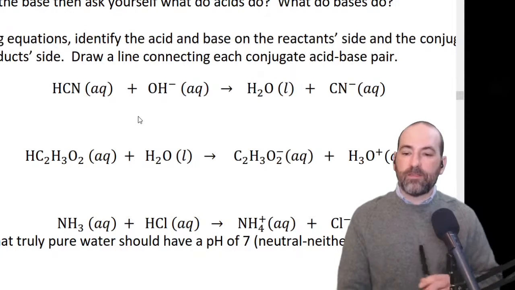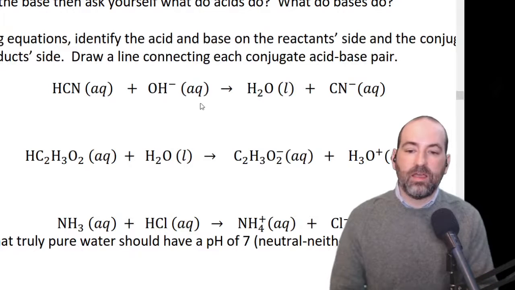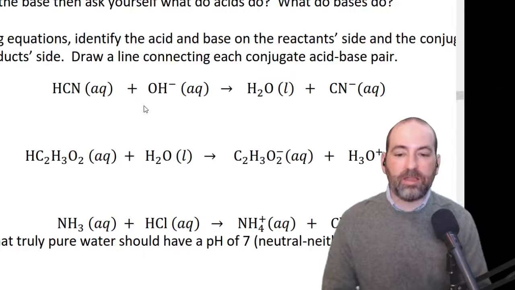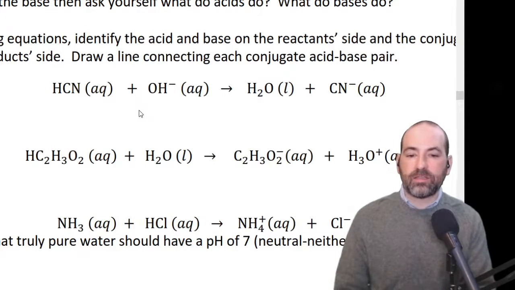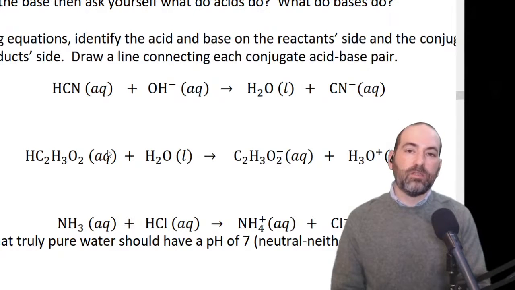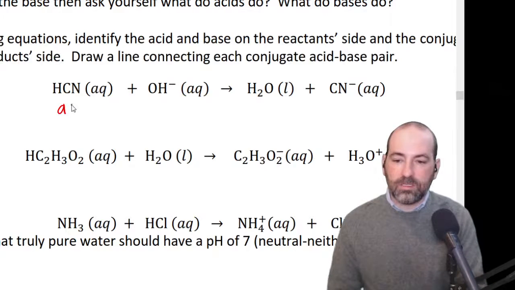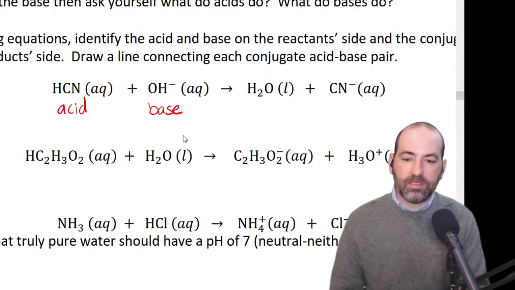So since we can see that there's just one hydrogen moving, that tells us that this is indeed an acid-base reaction. So then we can identify, well, what's acting as an acid and what's acting as a base. So in the forward direction from left to right, the species that loses a hydrogen is the acid, and the species that gains it is the base. So this is the acid, and this is the base.